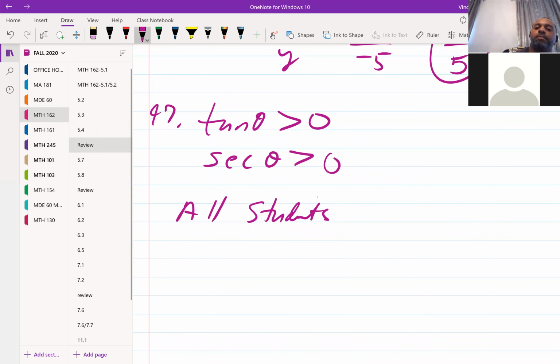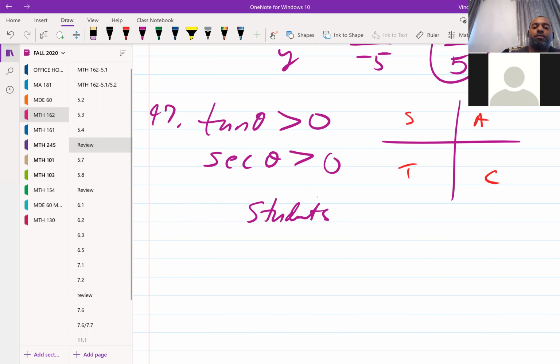So if we go back, if tangent is positive, that means it only can be in this quadrant or this quadrant.